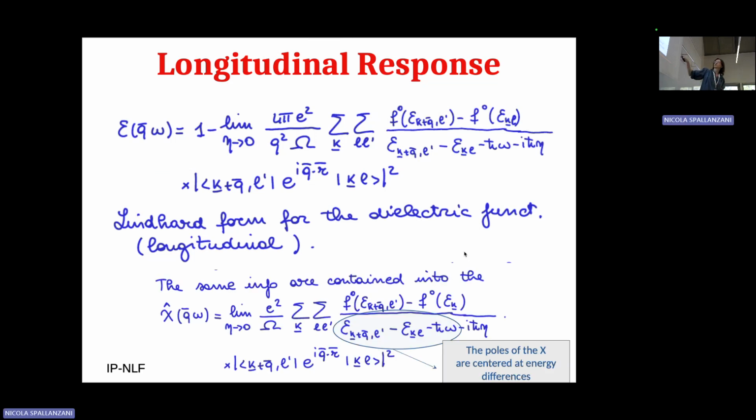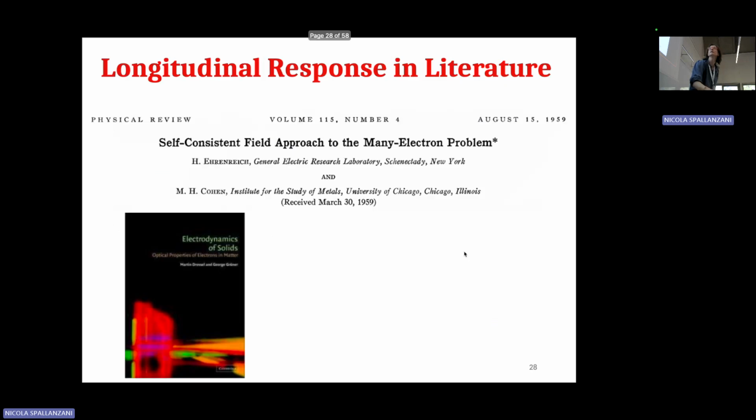The same information is contained in the chi, which is here. So the poles of chi are centered at energy differences. In this case, we are in the independent particle approximation, considering these single particle excitations.